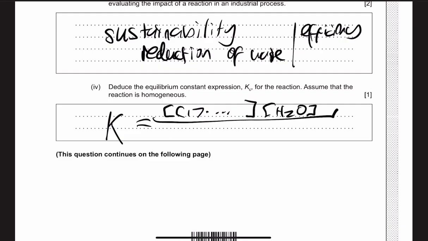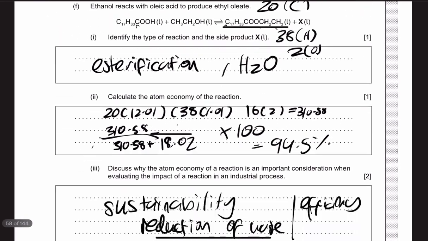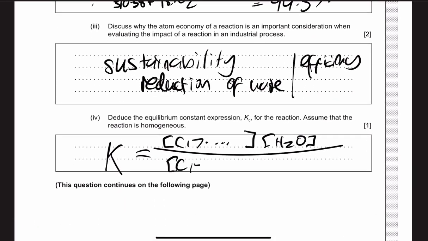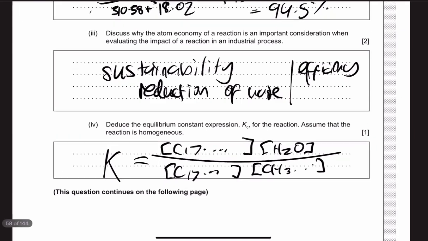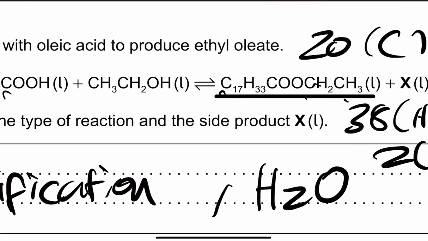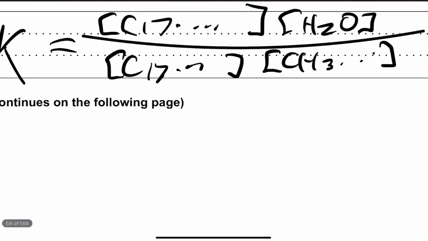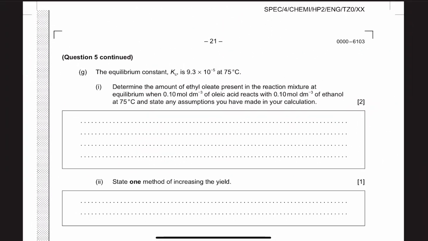That's all over our reactants, the other C17 thing and the CH3 thing. You guys know how to do an equilibrium constant expression, I shouldn't have to explain it. Remember there are no coefficients here, so there are no exponents in our expression.